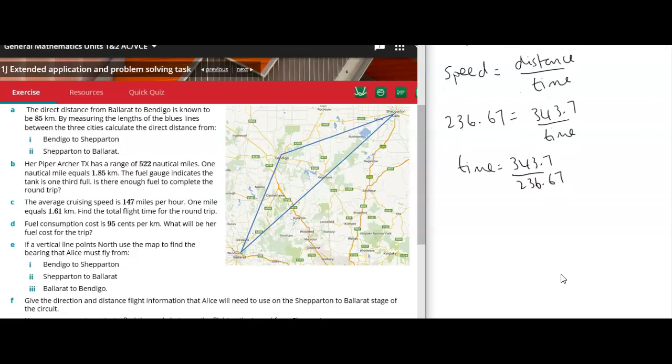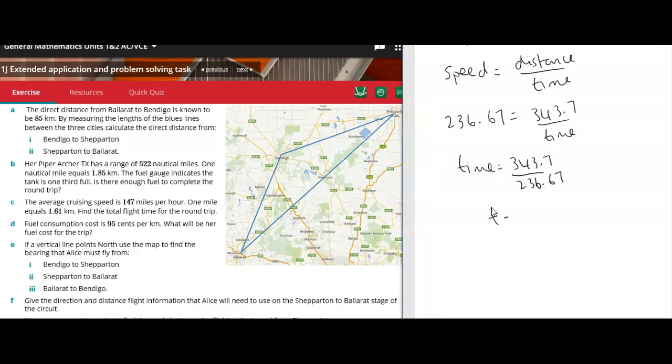Okay, so let me just do that on a calculator. 343.7 divided by 236.67. So we get 1.45. Now, if you want to do that in hours and minutes, that's 1 hour, and then we've got 0.45 times 60 minutes.